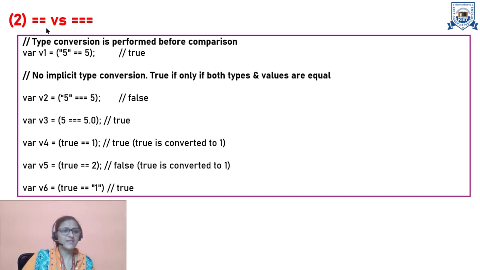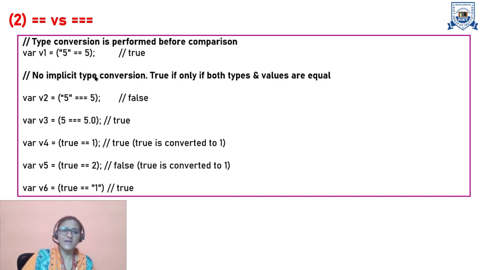Now the difference between double equal to and triple equal to. In this case, double equal to, when we compare the string 5 and the numerical 5, when it makes a comparison, it performs implicit conversion. If it is a string, it will convert the other value to a string, or if it is numeric, it will convert the other to numeric.